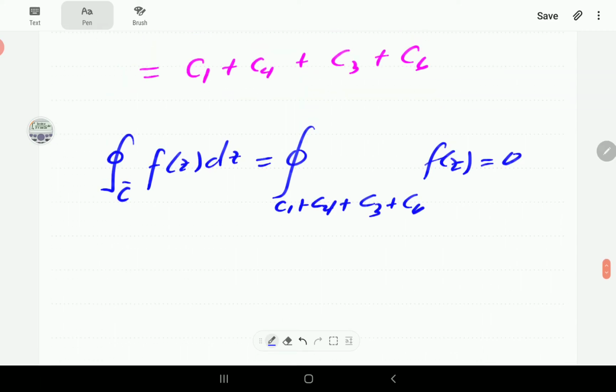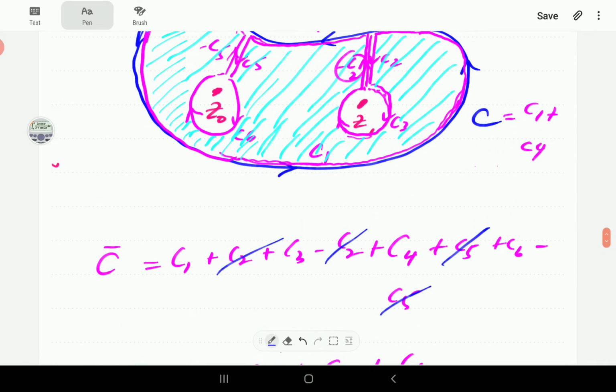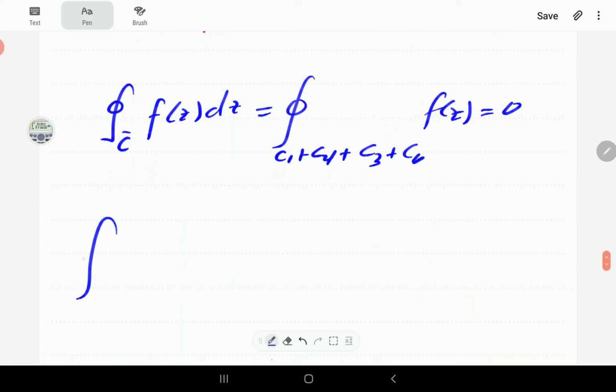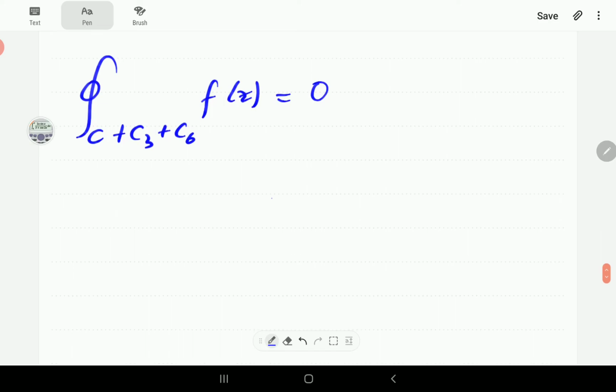Now we just said C1 plus C4 is C, so we can rewrite this integral of C plus C3 plus C6 of f of z equal to 0.